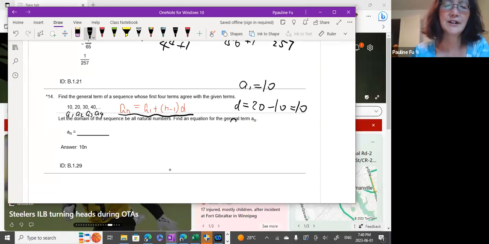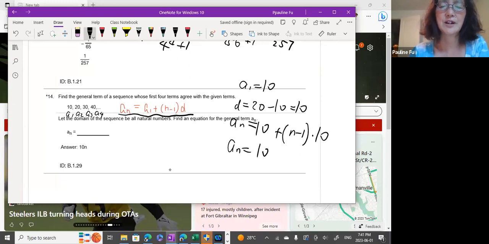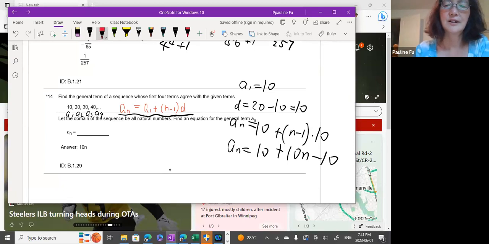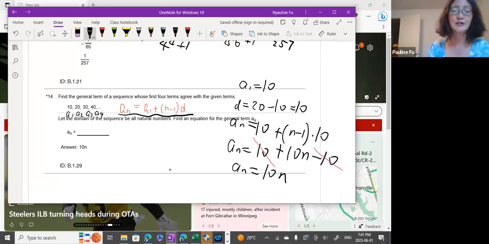Then you plug in this general formula, AN equals A1 plus N minus 1 times 10. D is 10. So AN equals 10 plus 10N minus 10. Then 10 and negative 10 cancel out. You have AN equals 10N. This is your formula.